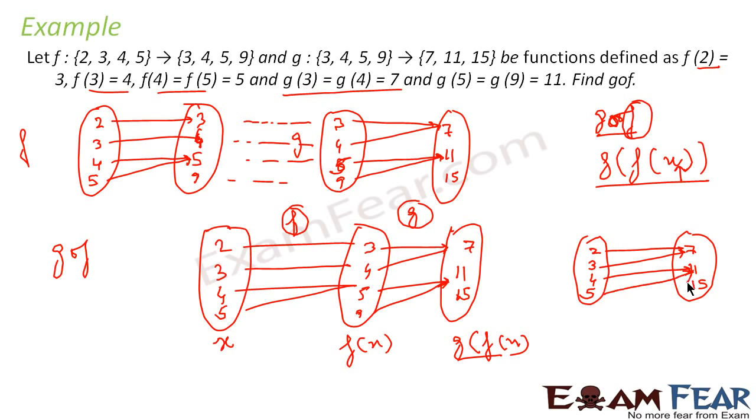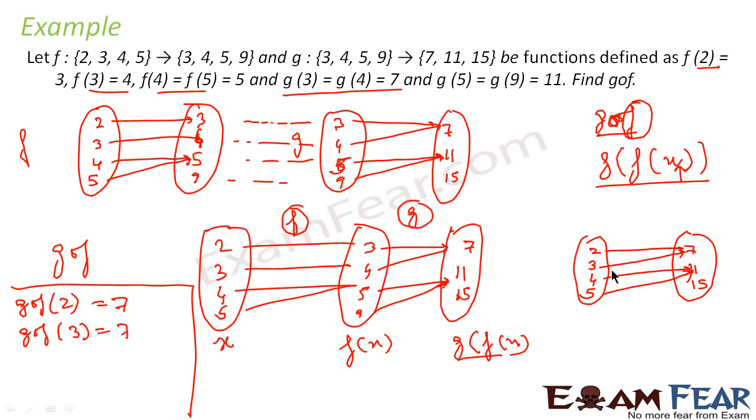So this is my g o f. If I want to write g o f, I'll write in this fashion. The moment you give 2 as the input, you get 7. g o f of 3 gives 7. This is g o f, my friends.